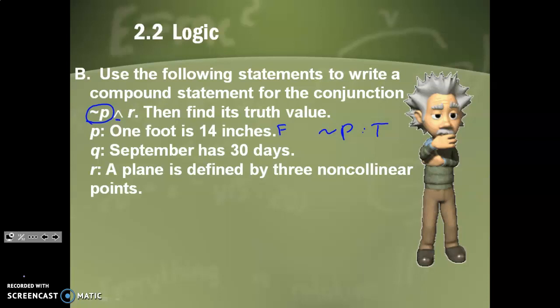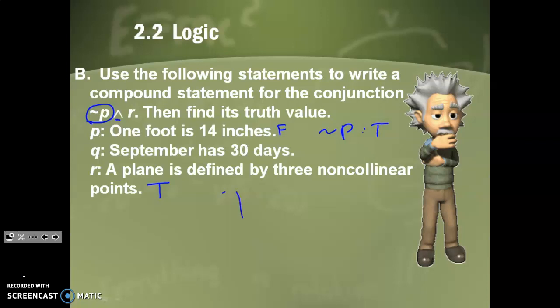And then R, a plane is defined by 3 non-collinear points. You might remember that in chapter 1. But yes, any 3 points that are not on the same line does give us a plane, or determine a plane. So therefore, that's a true statement. So 1 foot is not 14 inches and a plane is determined by 3 non-collinear points.